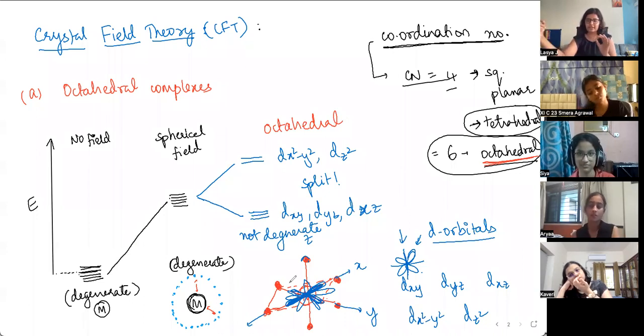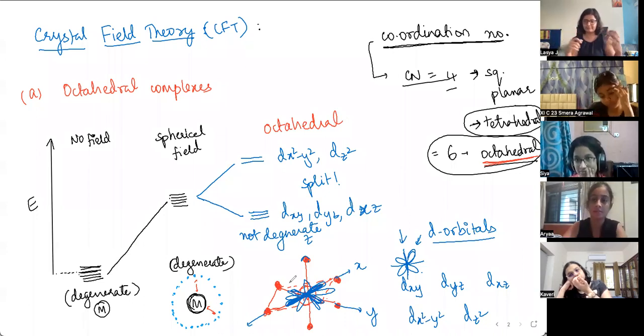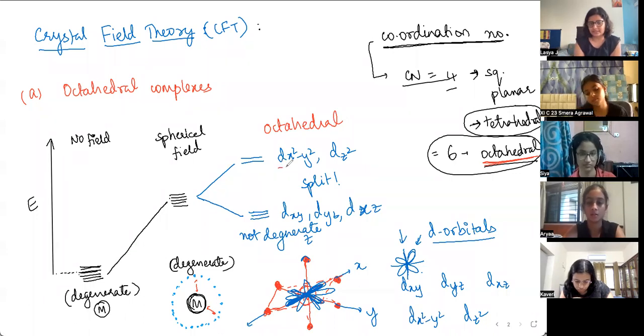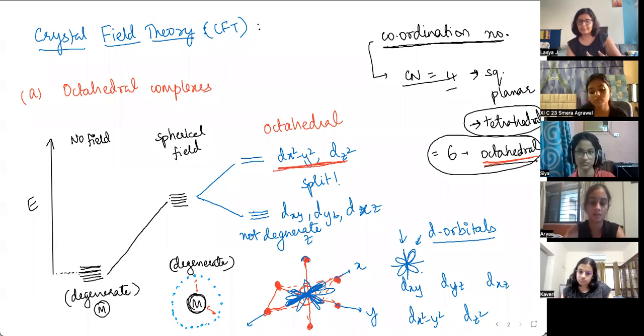It's affected only at certain points. So based on that, the ones that are directly affected by the negative field on the axial points, x-axis, y-axis, z-axis, these will have greater energy. And the ones where it's not directly approaching, which are between the axis, these will have lesser energy.